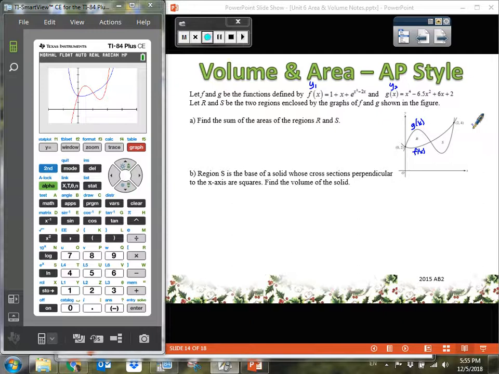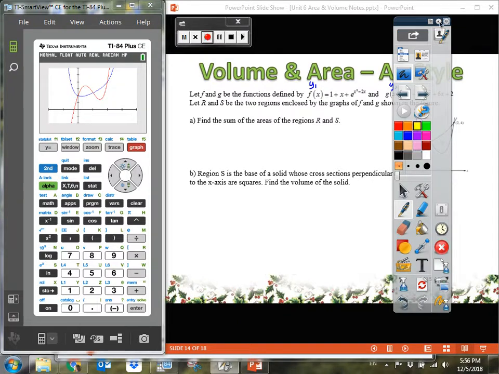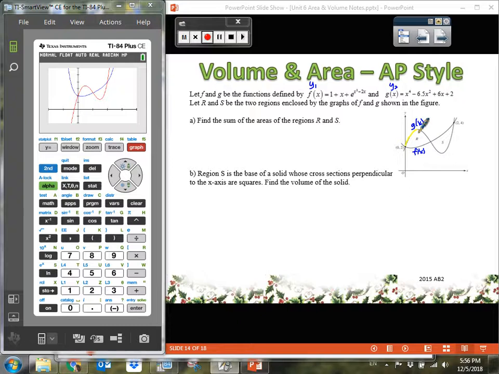So we're supposed to find the sum of the areas of the regions R and S. Well, notice how, and I'll just trace over this one, this one changes places.